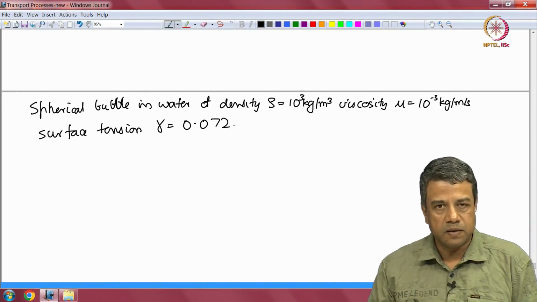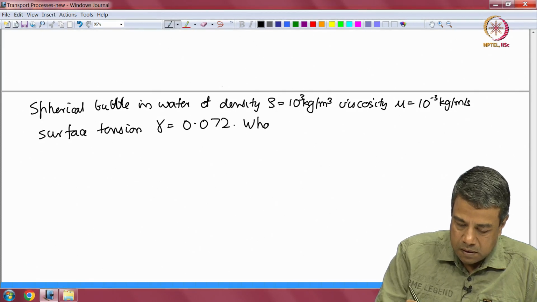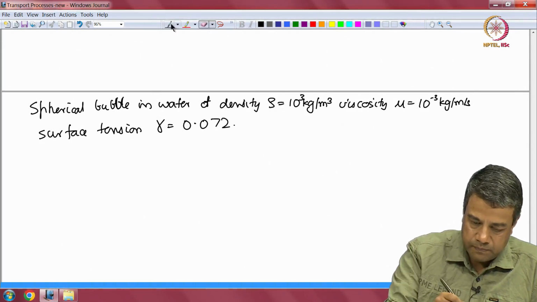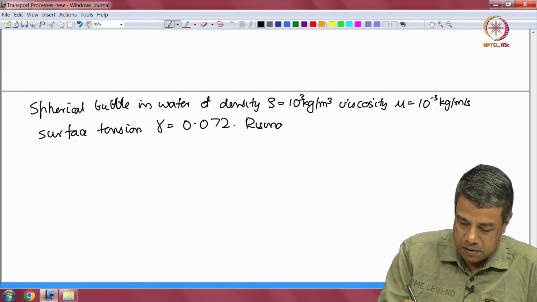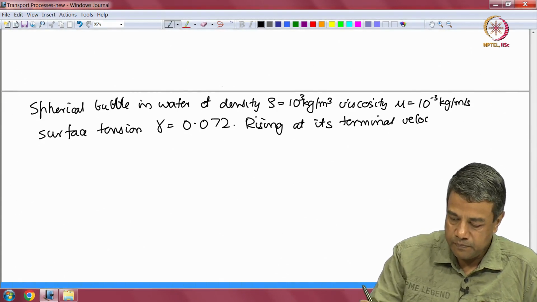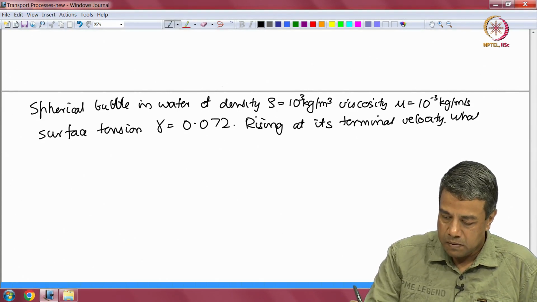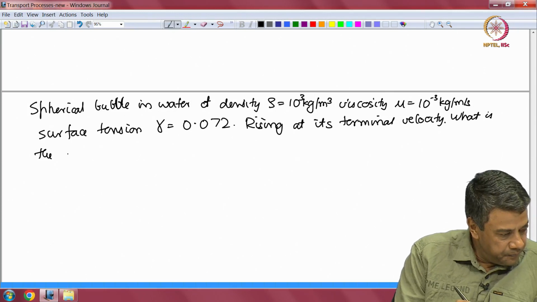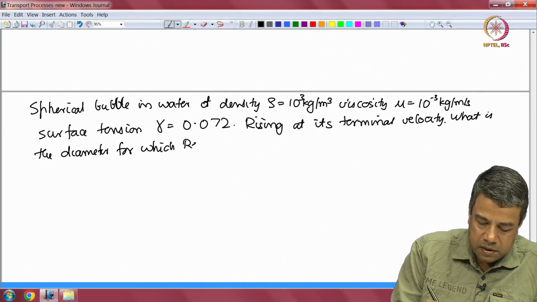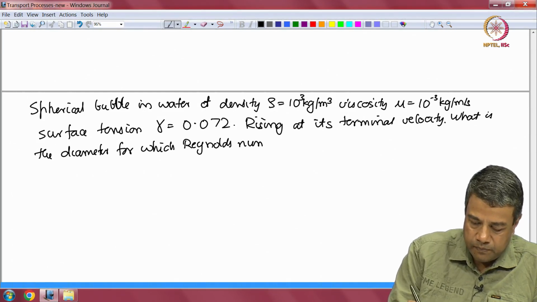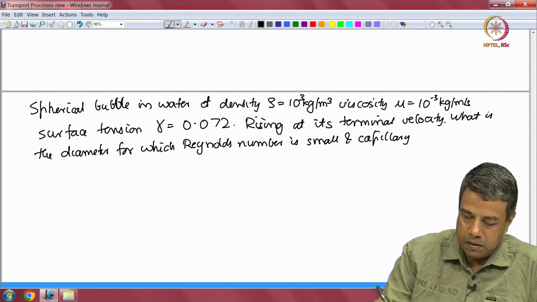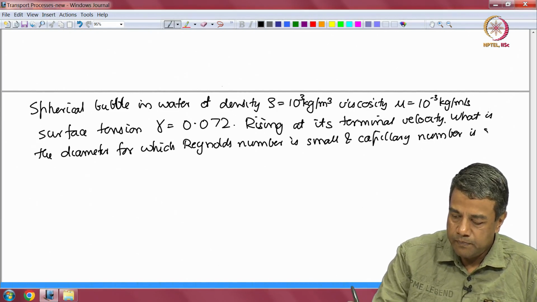So, the question is, what bubble diameter, and this is rising at its terminal velocity, what is the diameter for which Reynolds number is small and capillary number is small?